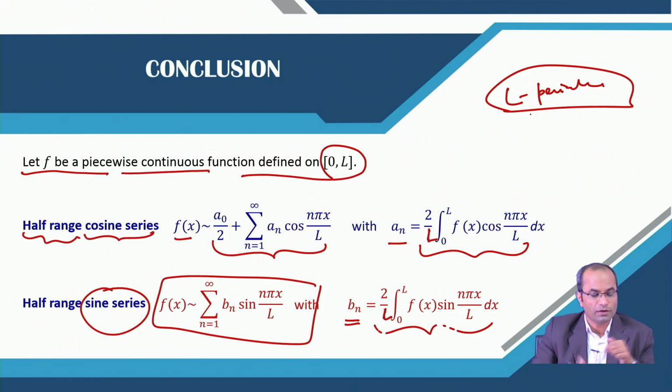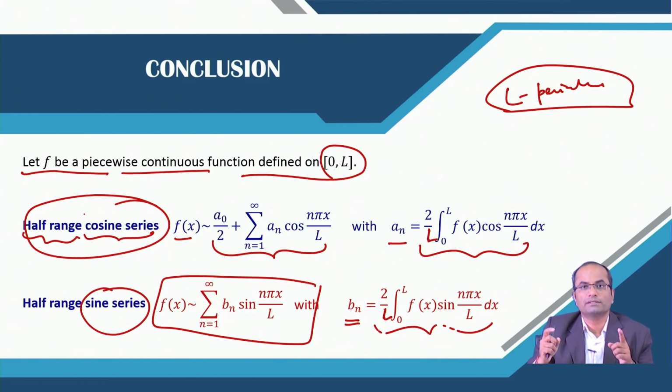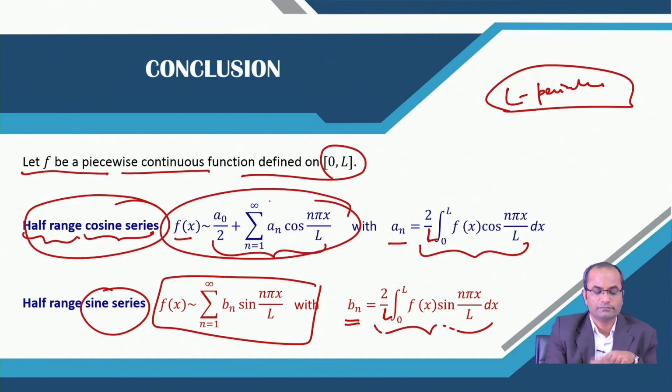Now, for the half range series, if we want to have the cosine series, then the cosine series will converge to the periodic function having period 2L, because now in one period the function will be defined from minus L to L, and from minus L to 0 it will have just the even extension, then only we will get this half range cosine series.